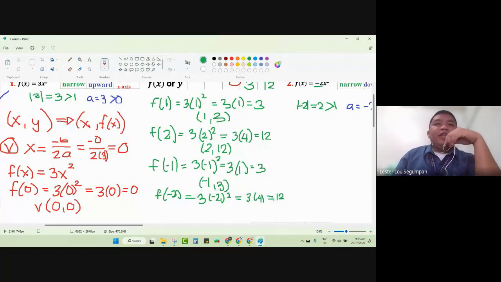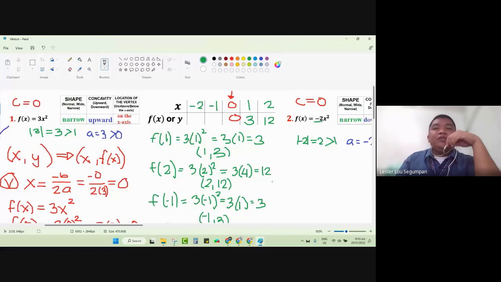By the way, for the information of everyone, you have a way of checking whether your substitutions are correct or not. Simply look at your table of values, and when you complete it using your computed values, you would see this pattern that the next step after the vertex, you will have the same values.